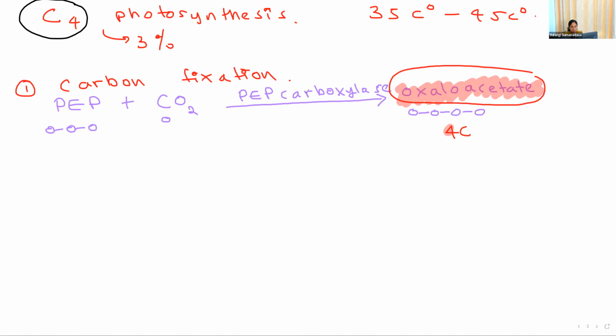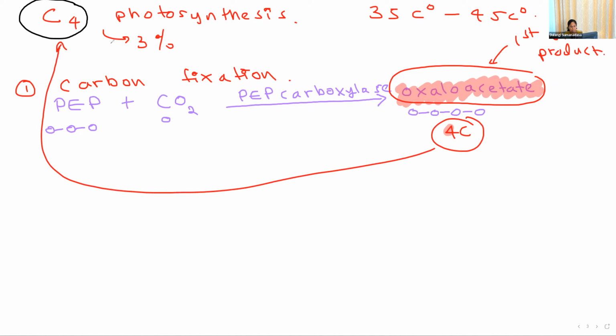That's why the plants are C4, because the first stable product produced during this C4 photosynthesis is the 4-carbon oxaloacetate. It has 4 carbons, so the plants are C4. These are the possible questions.